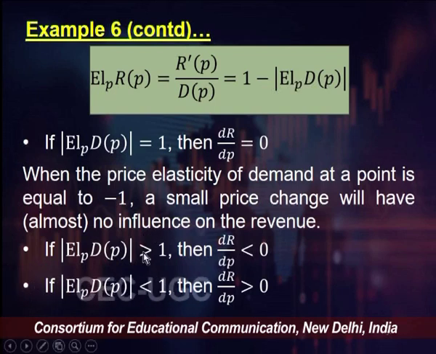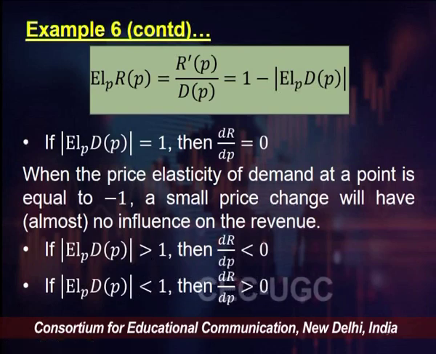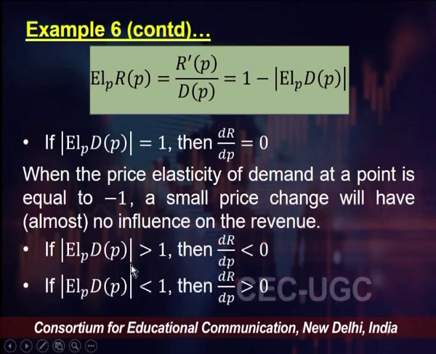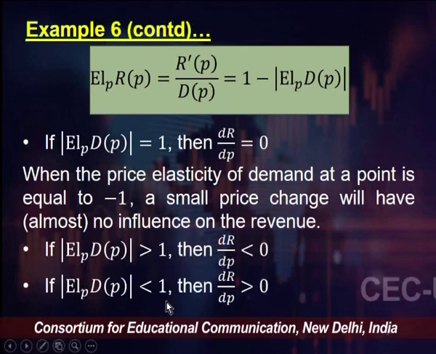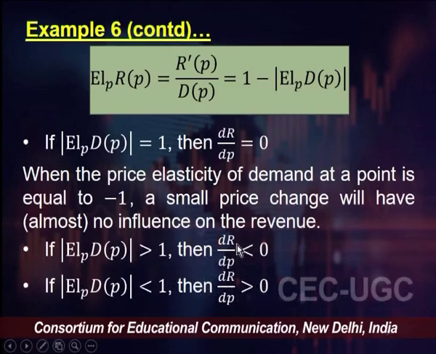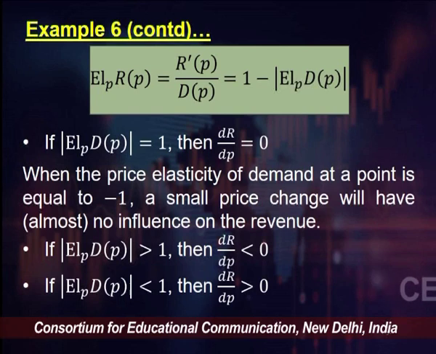In fact, these are results that we cover a lot in microeconomics, and we're just summarizing them here. Further, if the price elasticity of demand in absolute terms is more than 1, which is to say that demand is elastic, then when price increases, that is going to lead to a fall in the total revenue.